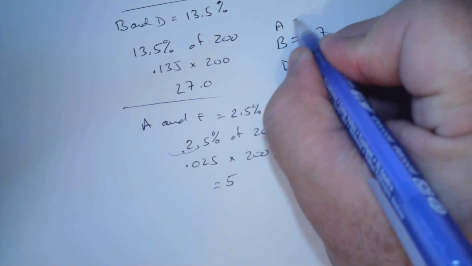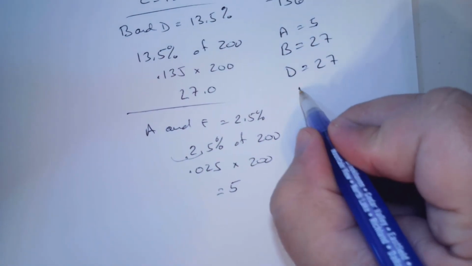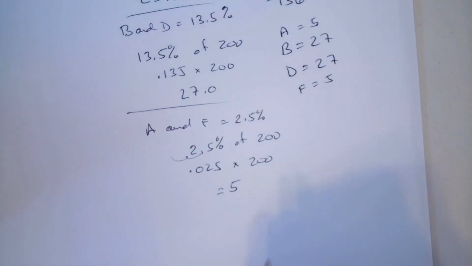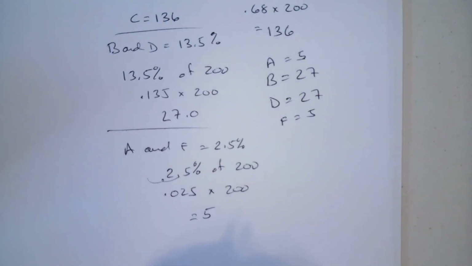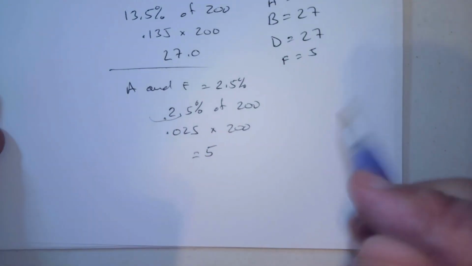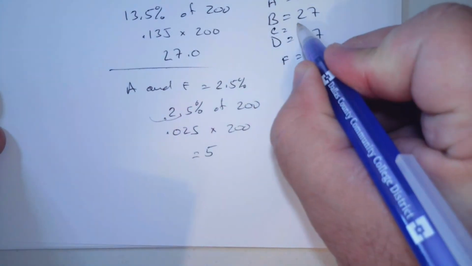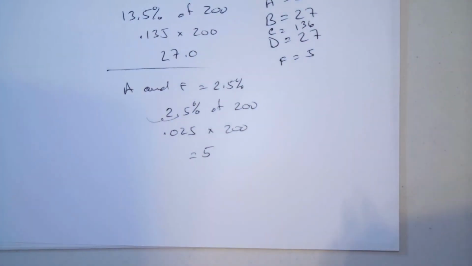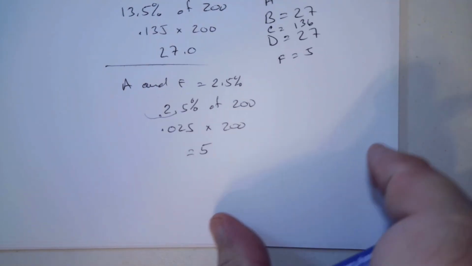So 5 will be A's, 5 will be F's. And C is going to be 136. That's how we use grading with curves.